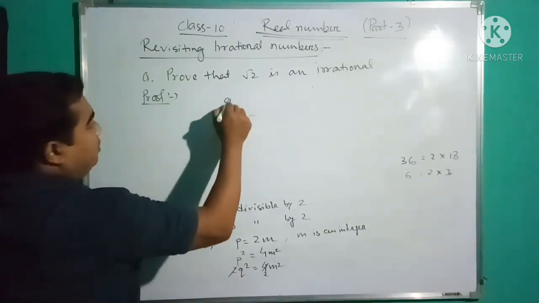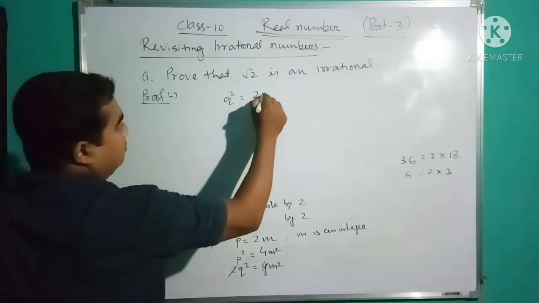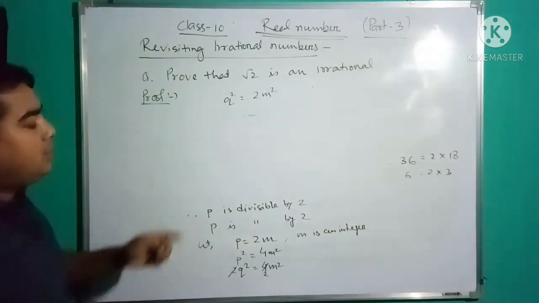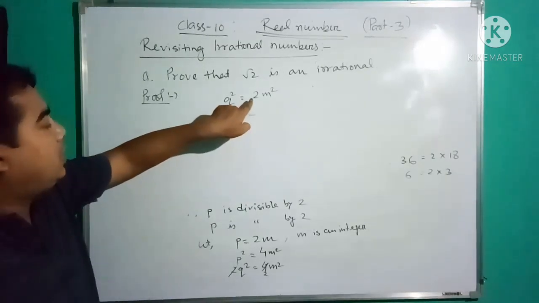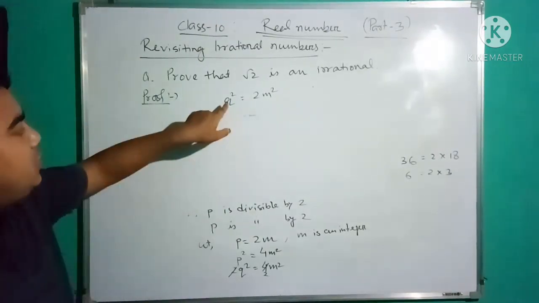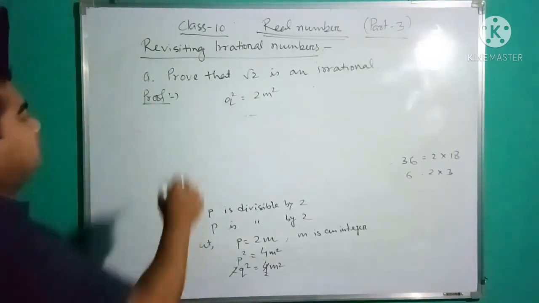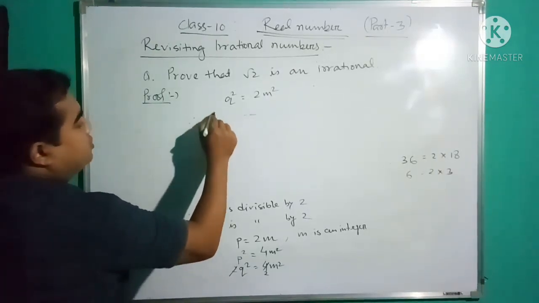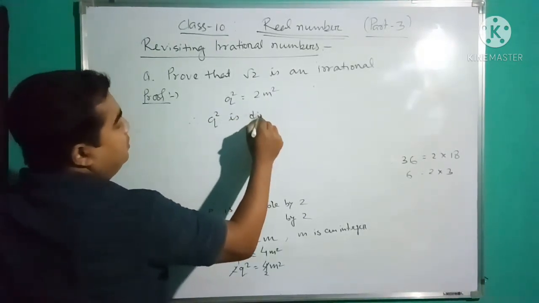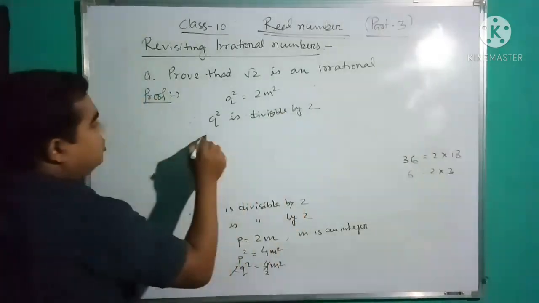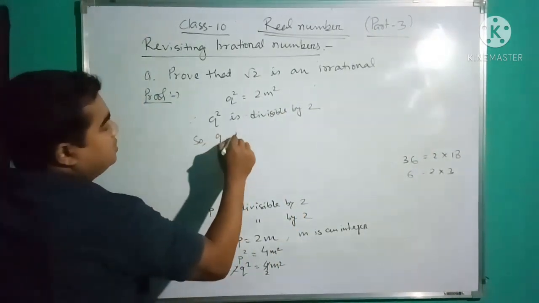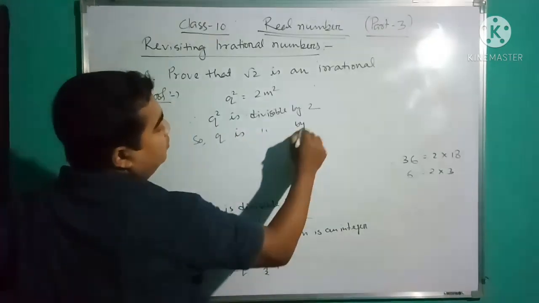That means q square equals 2 m square. Again, see the same condition. q square equals 2 m square. That means q square is divisible by 2. Therefore, q square is divisible by 2. So, q is divisible by 2.